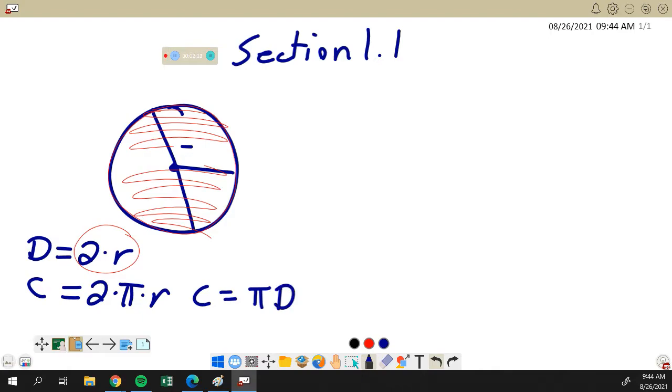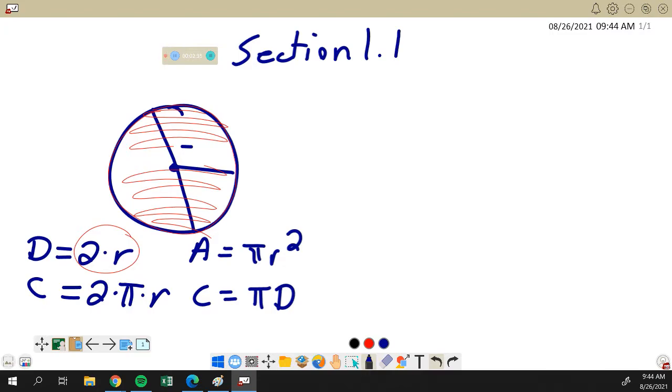Right? Okay. What about the area of a circle? Area would be pi r squared.